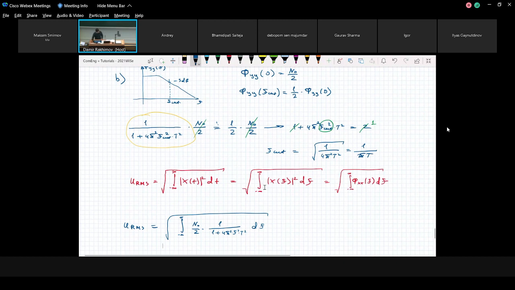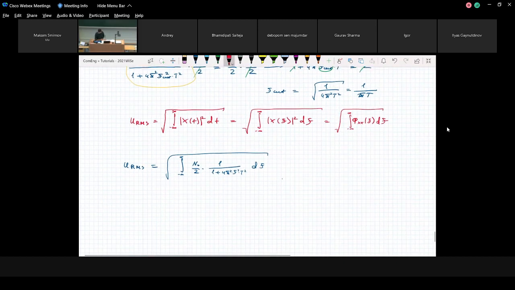And here is the hint: if you calculate the integral from minus infinity of the function 1 over 1 plus x squared dx, then the integral will be equal to arctangent of x, sometimes also called tan inverse x. Or more generally, 1 divided by a squared plus x squared dx from minus infinity.